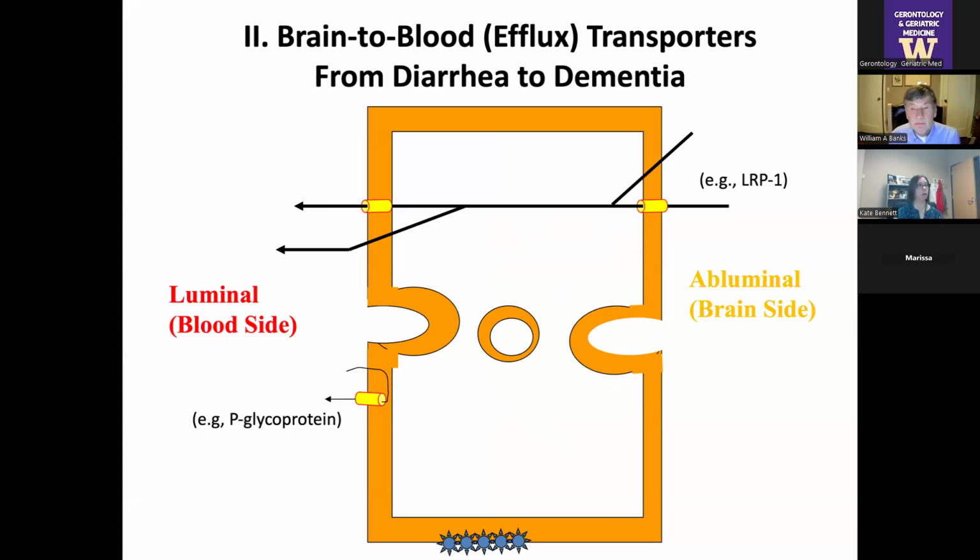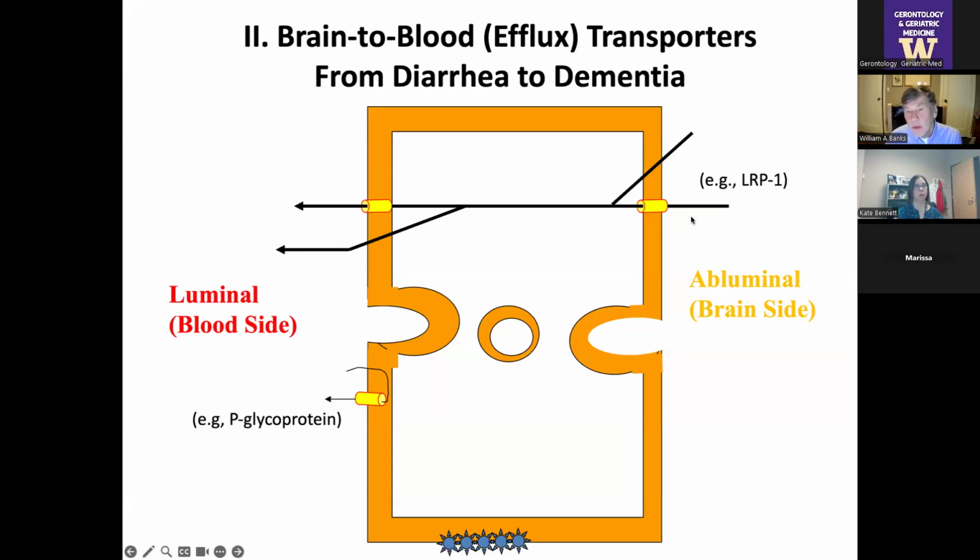And now I want to give much briefer synopses of other ideas that have worked. And this one is one of my favorites. It talks about brain-to-blood efflux systems, and we'll go from everything from diarrhea to dementia on these. The others are going to be much shorter than the one I just did. So the idea here is that we have transport systems, but they're directed from the brain to the blood, and we have 2 big categories of that.